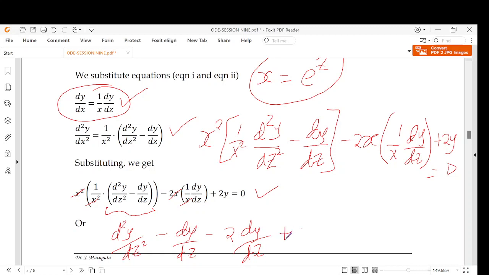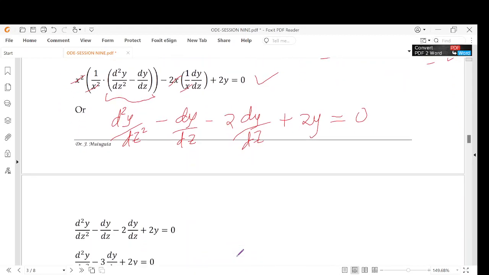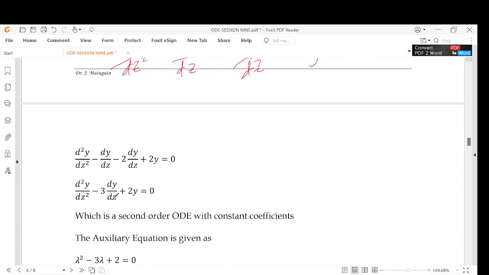The third term is 2y, and on the other side we have 0. So now we can add the like terms. You see the two middle terms can be added to get minus 3 dy dz. So our differential equation becomes d squared y by dz squared minus 3 dy dz plus 2y equals 0.